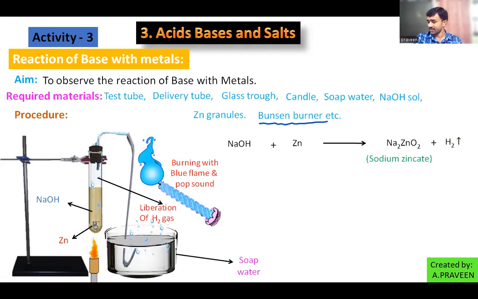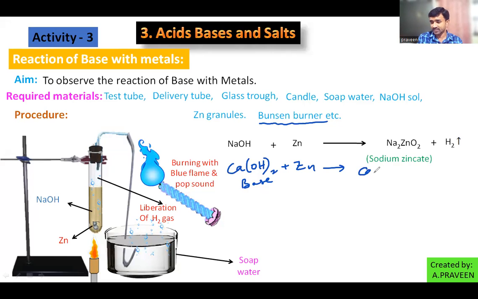For example, I can give you one more example by taking calcium hydroxide, Ca(OH)2, a base, with the same metal, Zn, which is more reactive than calcium. What products are you expecting here? That is calcium zincate, formula Ca2ZnO2, and liberated hydrogen.